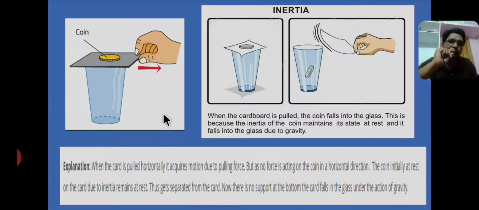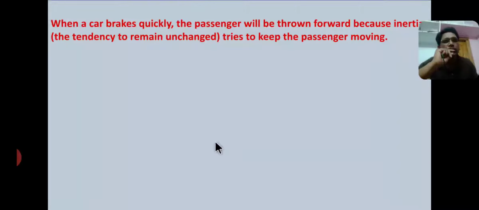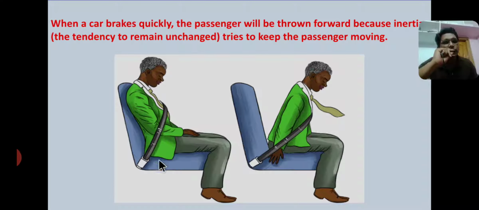Now coming to another example. When a car brakes quickly, the passenger will be thrown forward because of inertia. The tendency to remain unchanged tries to keep the passenger moving. See the example like this. This is the initial position of a passenger.